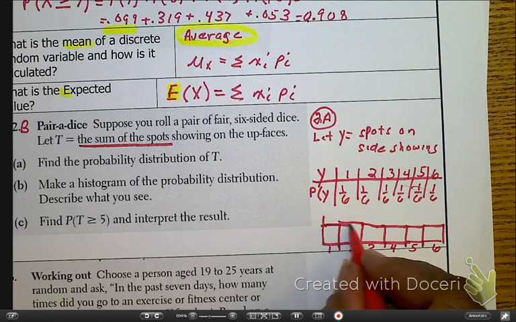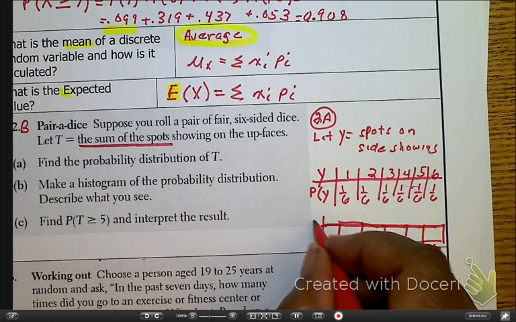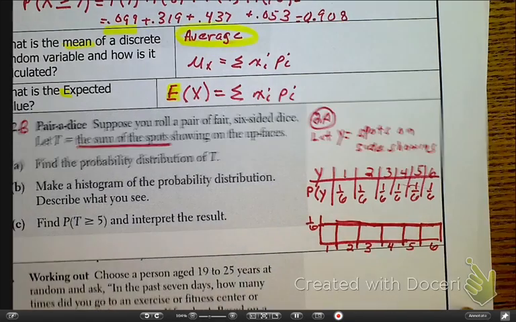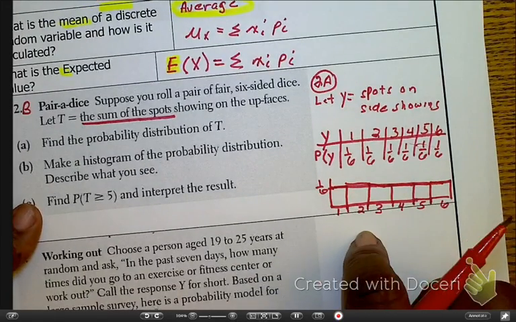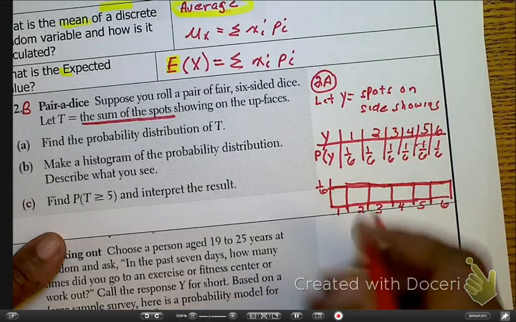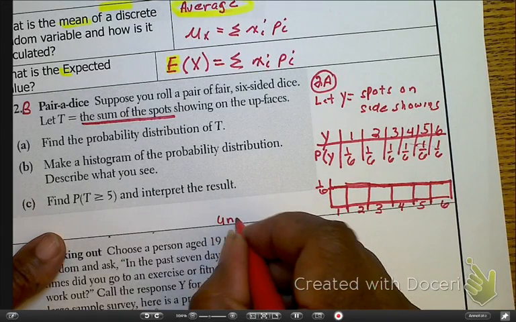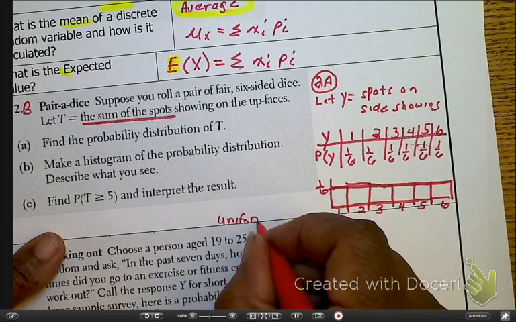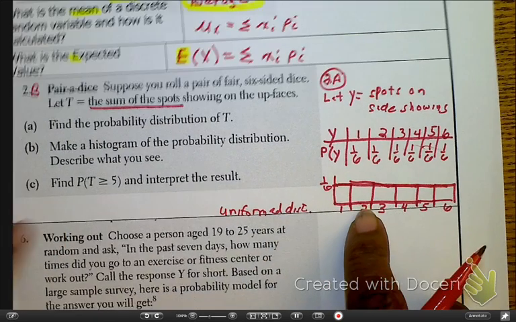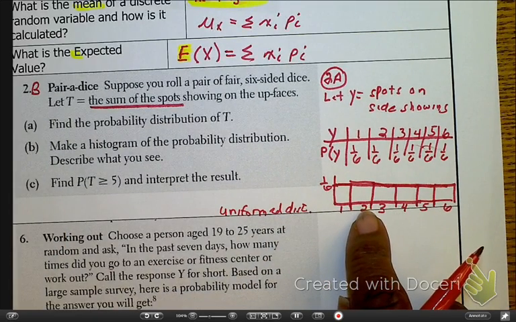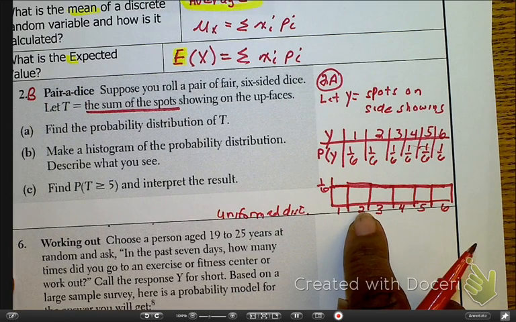They should be the same going across. This is 1/6. Okay, so here's your histogram. And this is also referred to right here as a uniform distribution, and that's because here, all of our probabilities are going to be the same. Now that's 2A, one I just made up.